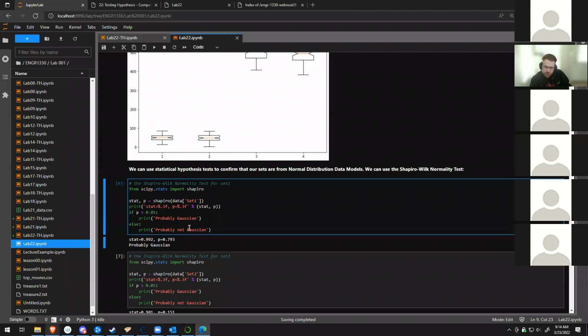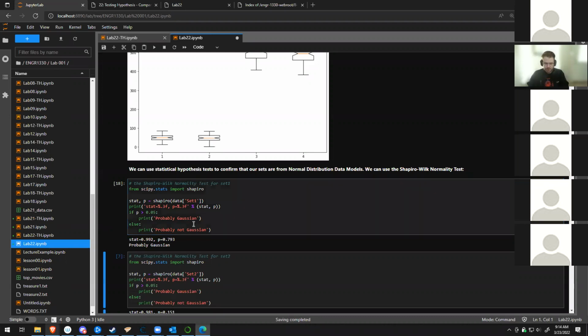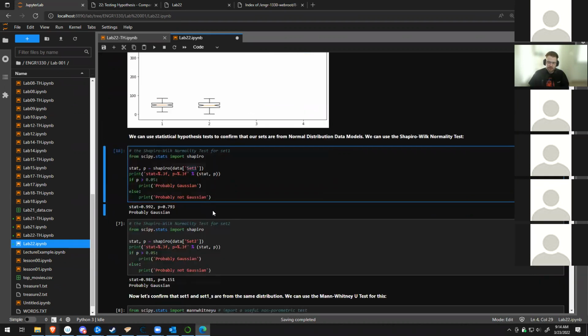I've already run this before, but since we've randomized our data, we'll run it again to see, is set one normal or not? All right, let's check. Well, obviously I didn't change set one. We're not randomizing set one, we're randomizing set 1s.